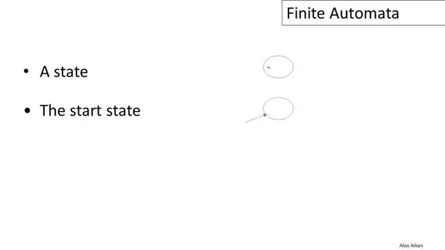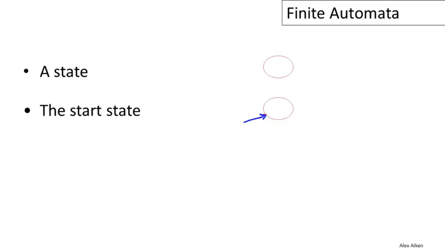Now, there's an alternative notation for finite automata that I think is more intuitive for examples, and so we're going to emphasize that way of writing them out. In this notation, a state is represented as a node in a graph, which we just draw as a big circle. The start state is represented as a node that has an arrow into it with no source.